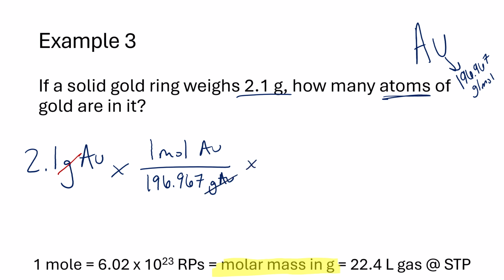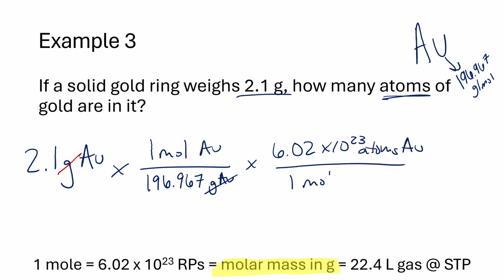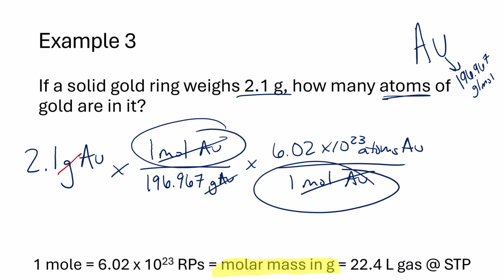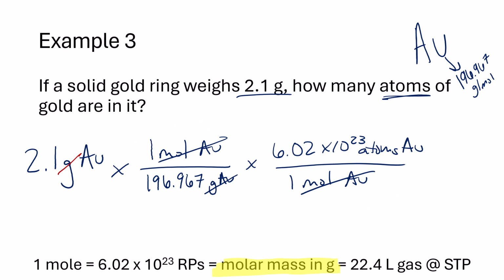And then I can multiply by the representative particle, and the moles will cancel. And that's essentially the exact same problem I had before, but I was able to skip the step, and we can kind of take out this middleman of having the mole divided by the mole and have them cancel out. So this is why it's going to be very important to use these equivalents to help save you time. But if you type this into your calculator, you get the same answer.